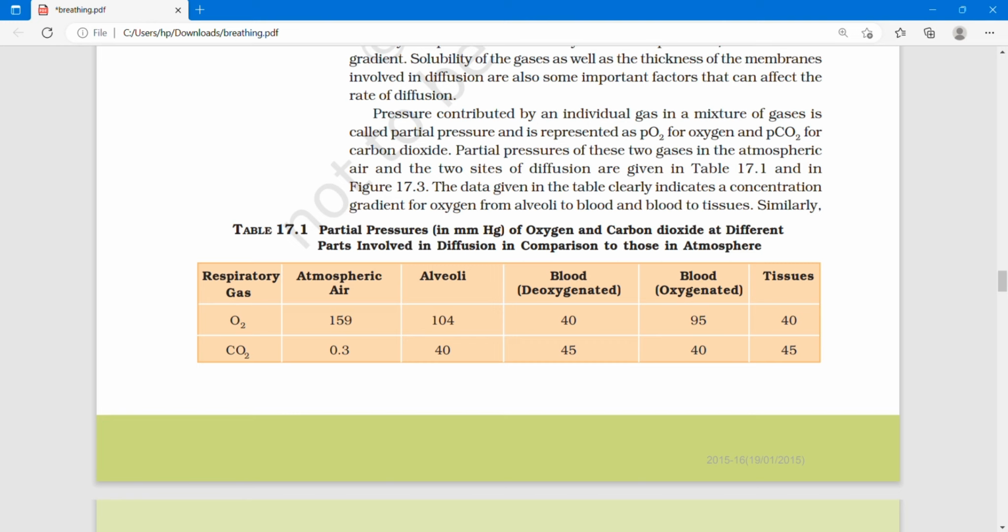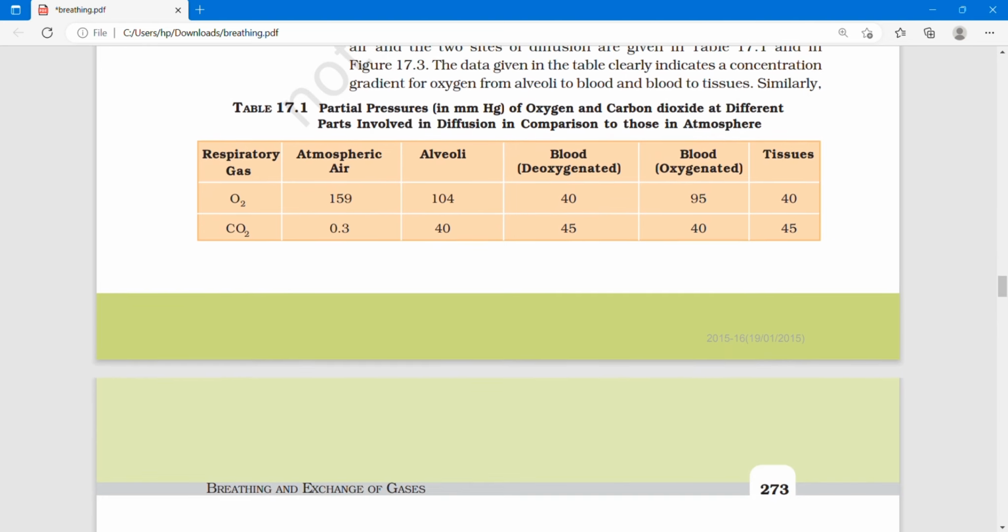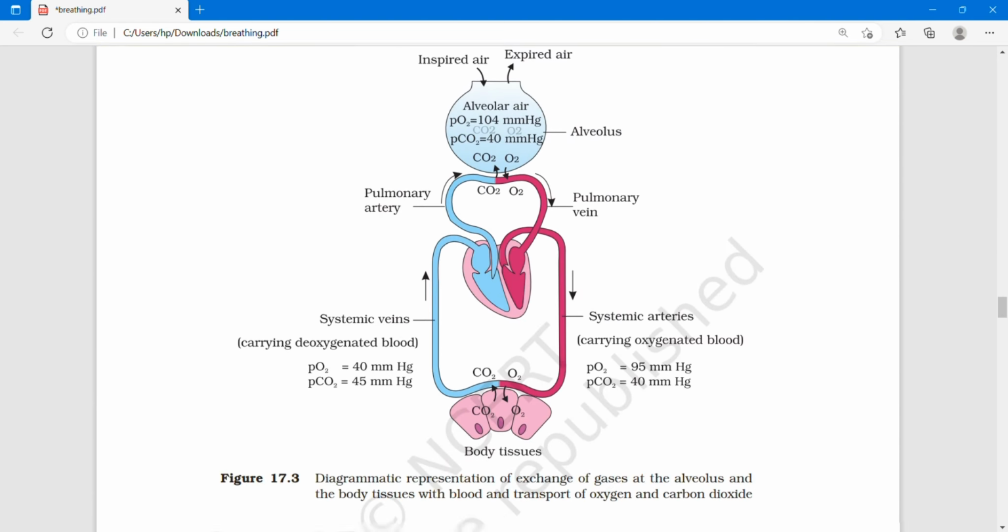In oxygenated blood, O2 is 95 and CO2 is 40. And in tissue, O2 is 40 and CO2 is 45. And in figure 17.3, a diagrammatic representation of exchange of gases at the alveolus and the body tissue with blood and transport of oxygen and carbon dioxide is given.